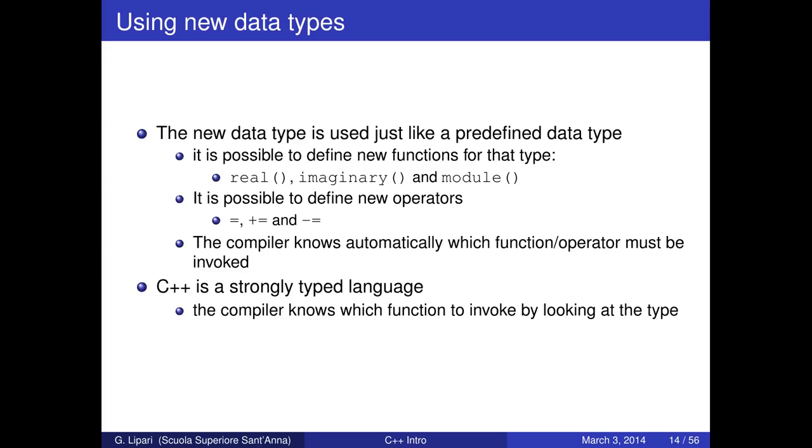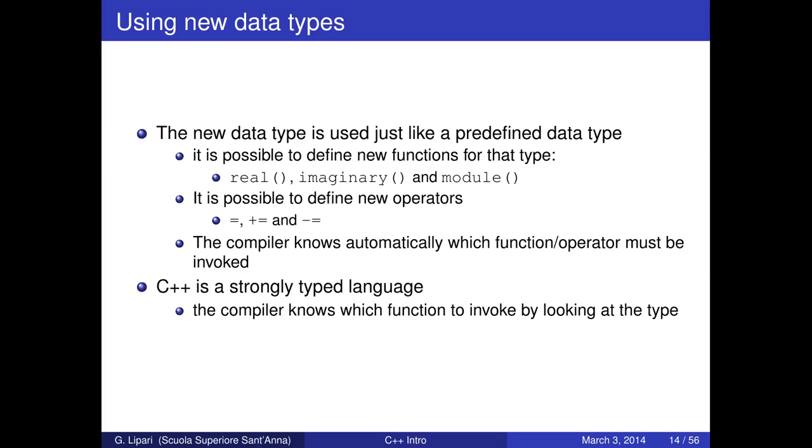In addition, C++ is a strongly typed language. The compiler knows which function to invoke just by looking at the type, and also it can make a lot of different compile time checks. It can check at compile time that everything is done in the right way.